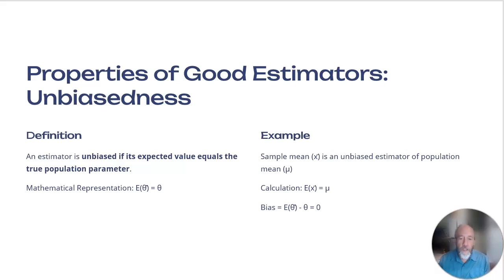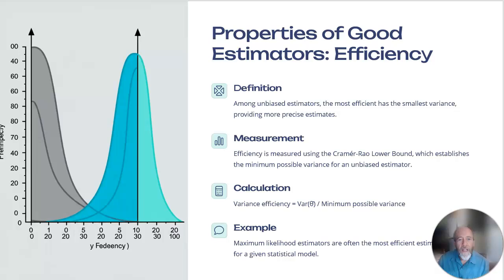So if the sample mean is a good unbiased estimator of the population mean, then it would be a good estimator. Now let's look at the different properties. Efficiency is also a property that you can look at. We've looked at unbiased, now we're going to look at efficiency.